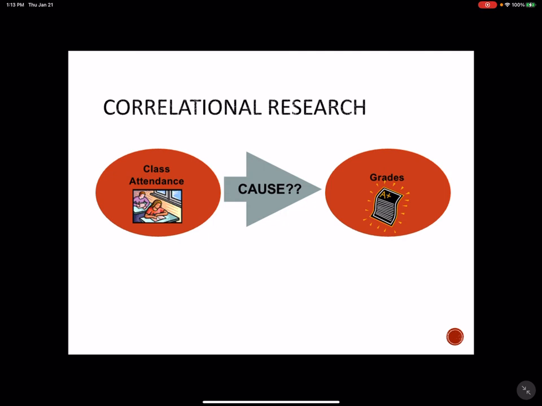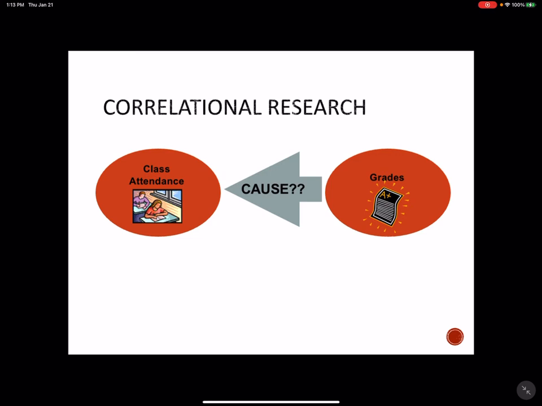But wait, we just said that correlation is not causation. How many times can I say that? So there's a possibility that grades could cause attendance.